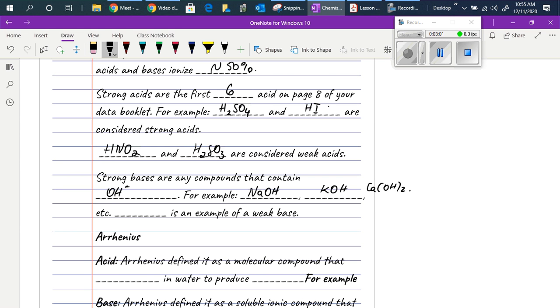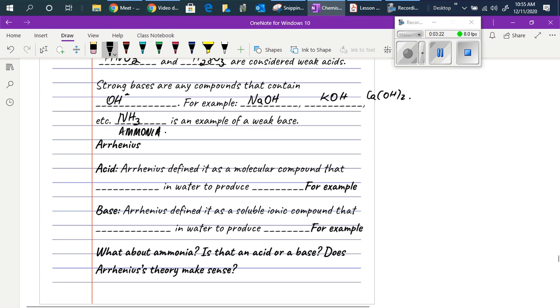Anything like this is considered to be a strong base. But when we look at ammonia, NH3, this is considered to be a weak base.